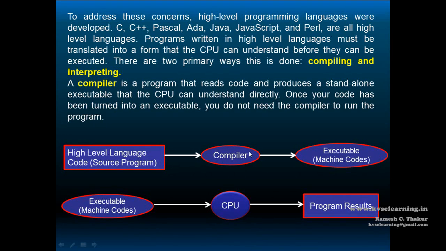Now the compiler shall check these codes for syntax errors, etc. And once your program is free of syntax errors, then the compiler would convert them into executables or machine codes. Once the executable codes are generated, then the job of the compiler is over. Then these executable codes are directed to the CPU, central processing unit, to get the desired results.